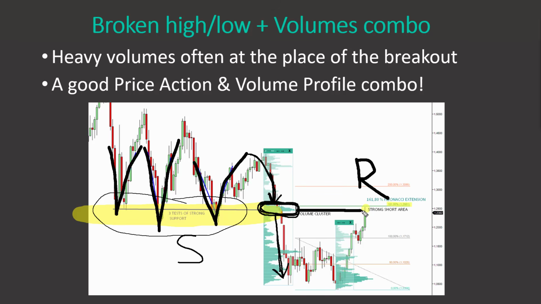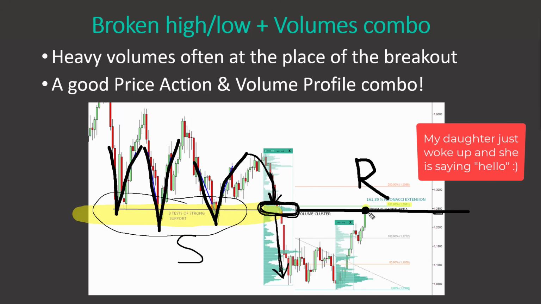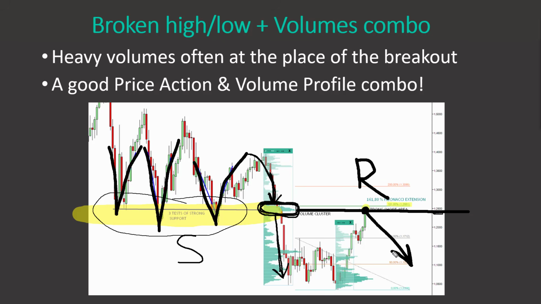So this is the level to trade from. This is the resistance, all right? So the idea behind this trade was to go short from there. So I went short from there based on those 2 setups basically, and it turned out to be a very nice trade. I made 1600 pips on that.